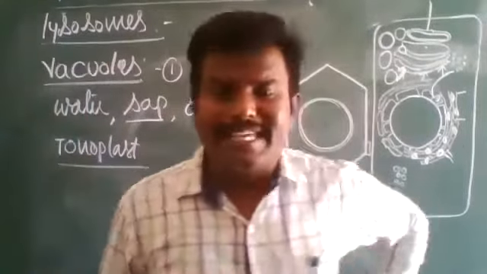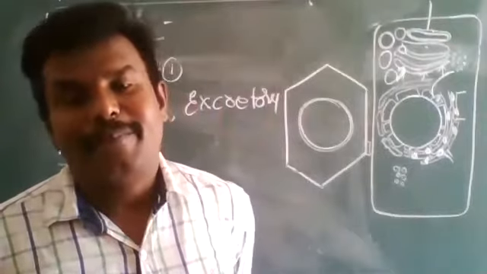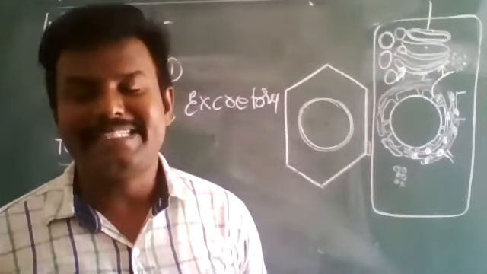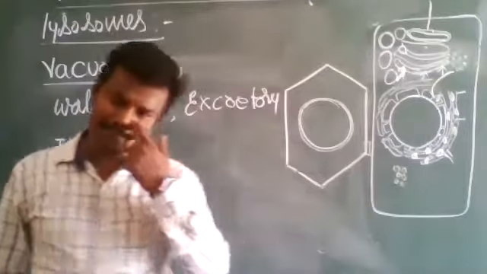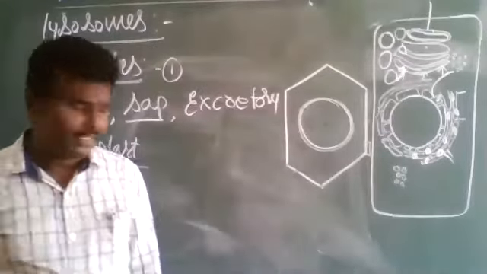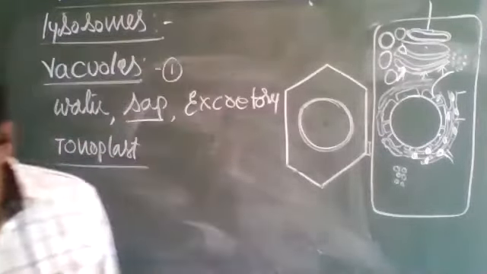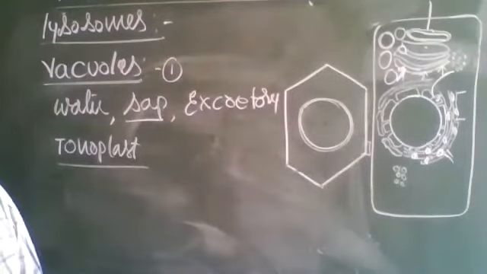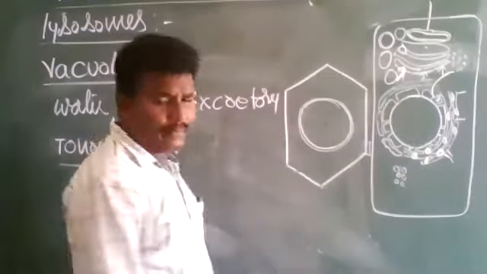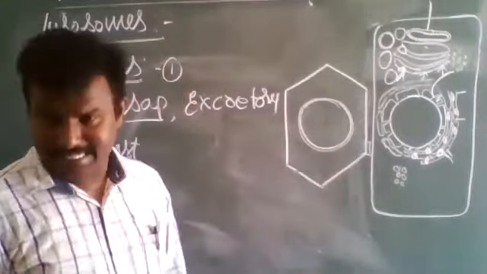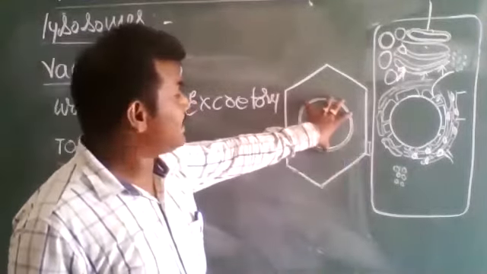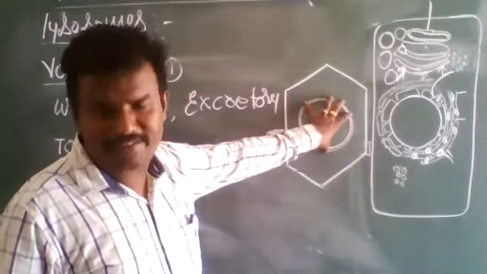So this membrane acts as a selectively permeable membrane. It acts as a semi-permeable membrane. Okay, that's all. The vacuole can occupy about 90% of the plant cells. In the plant cells, an excess amount of place is occupied by the vacuoles.